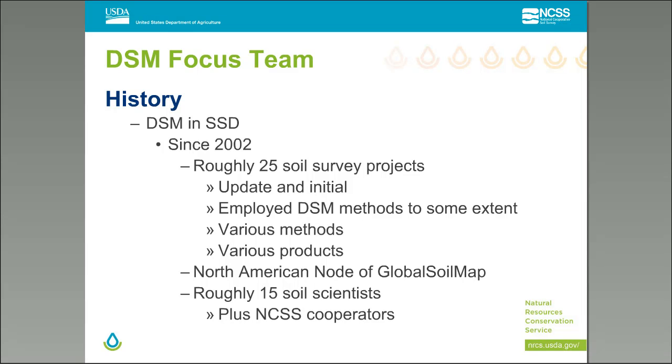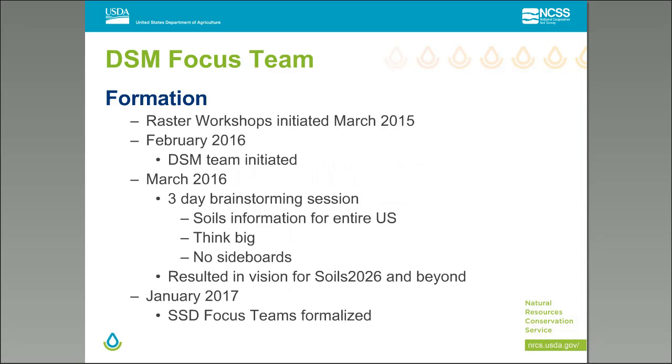And there are probably 15, 20 soil scientists right now working within NRCS that have some level of expertise and have been employing digital soil mapping techniques and methods to do their work. And we have a host of cooperators, mostly in academic institutions, but also quite a few within the Forest Service.